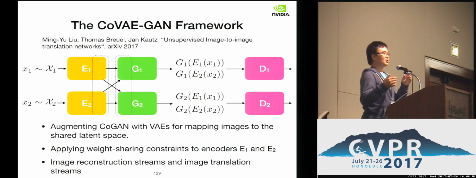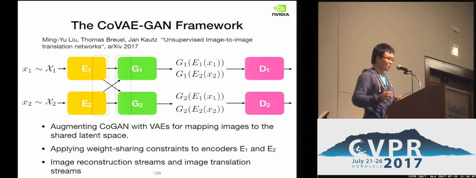So you want to have a front end that can take an image as input and convert to the other domain. What we figured out is we can use an architecture we call coupled VAE-GAN. Basically, this is the first domain.